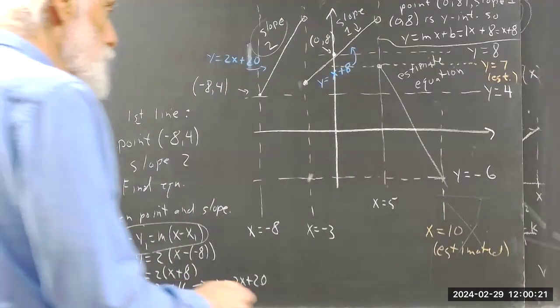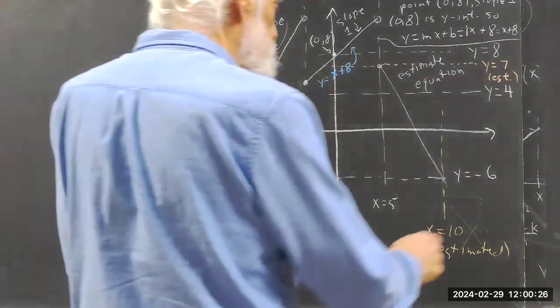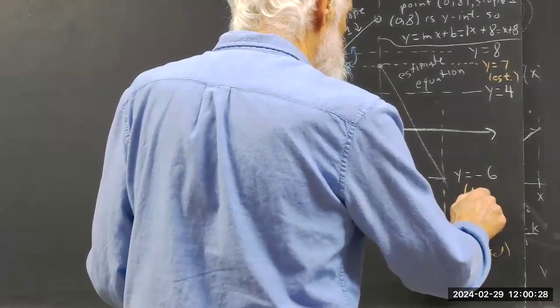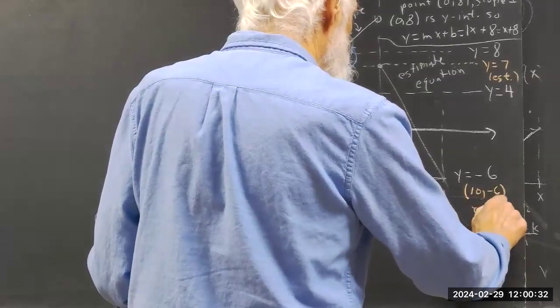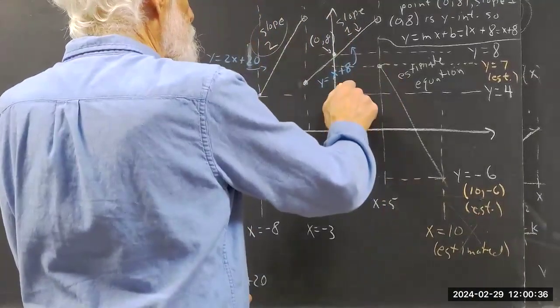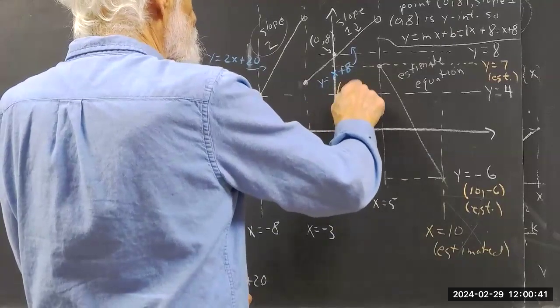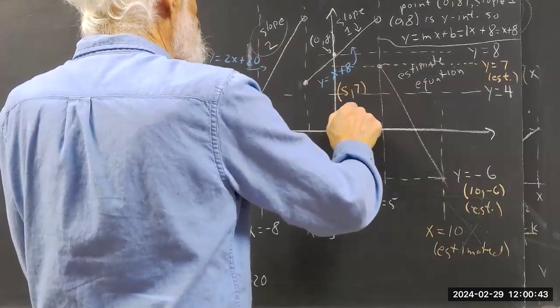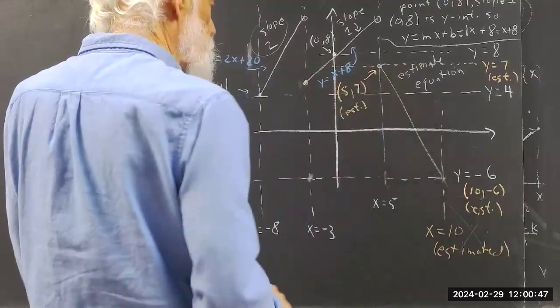So now I have the points. And -6 estimated. And up here I have 5, 7 estimated.